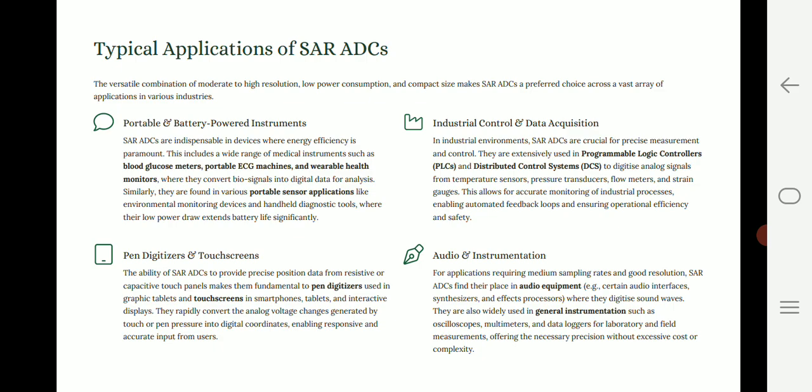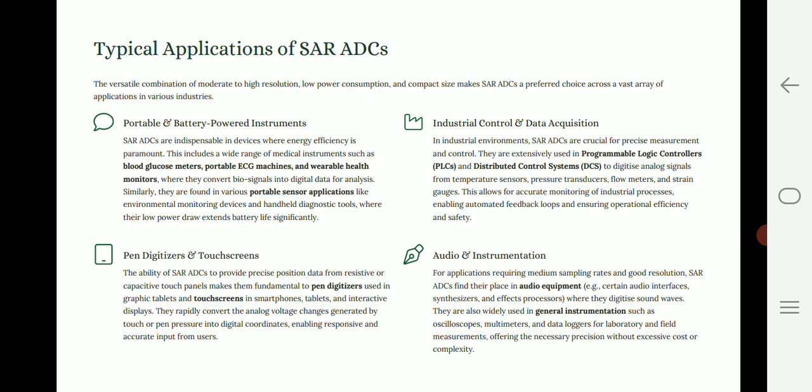Coming to portable and battery-powered instruments, like blood glucose meters, portable ECG machines, wearable health monitors, or different types of portable sensor applications, battery-powered instruments are more useful. For that purpose, we need to use SAR ADC compulsorily.